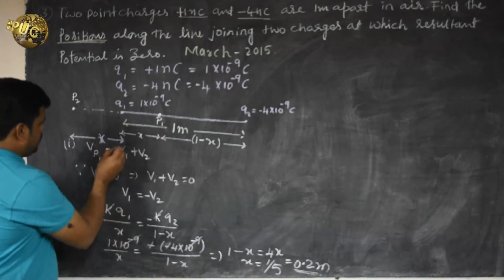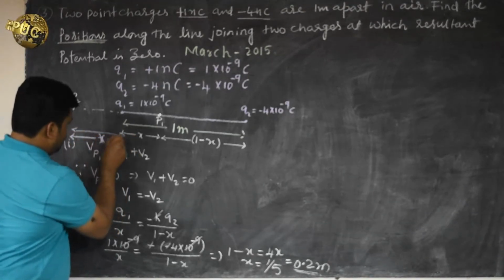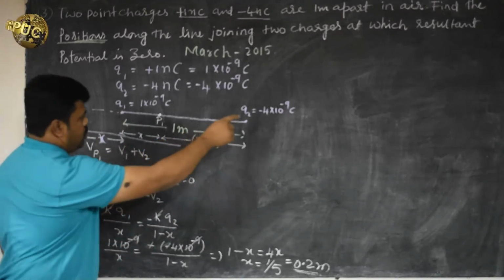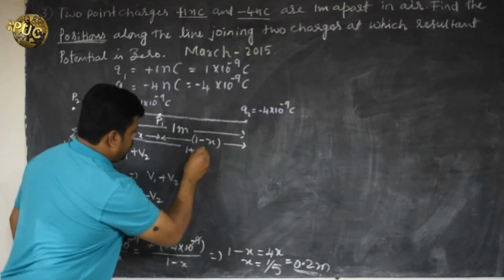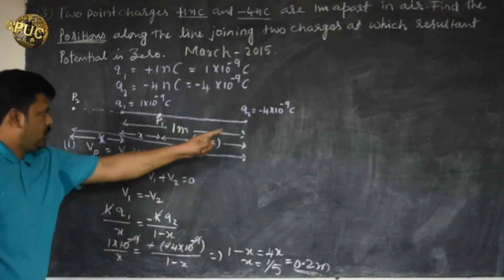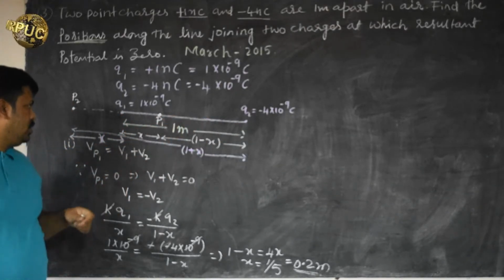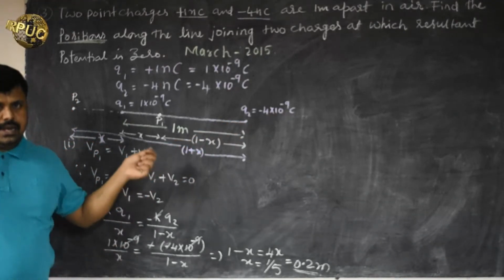This entire distance, sorry for the inconvenience, that is P2 to Q2, will be 1 plus x. This is the distance from here to here, 1 meter plus x. So the total distance of P2 from Q2 is 1 plus x. Let's solve this.